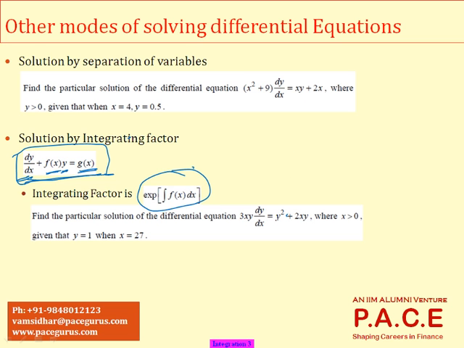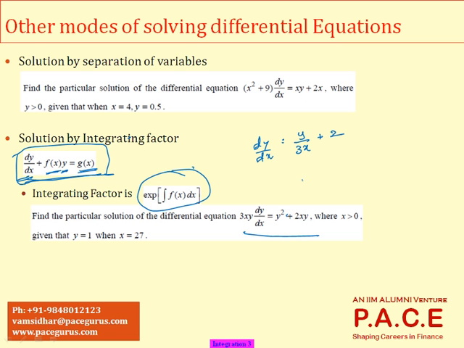Now let's see this. If I take this, how do I try to write it in that form? dy by dx is equal to y by 3x plus 2.